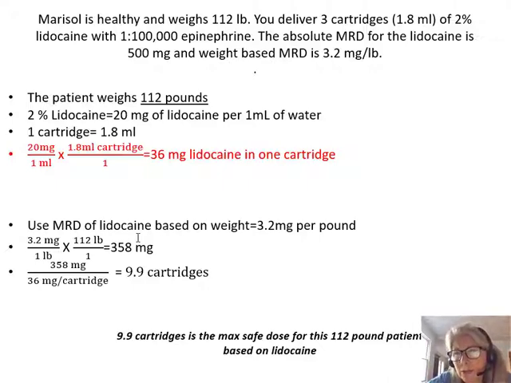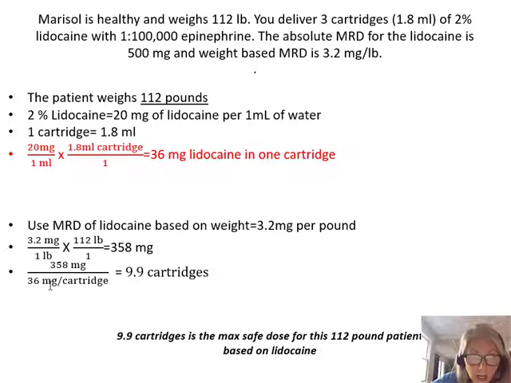So how do we figure out how many cartridges that equals? We put the weight-based MRD on the numerator on the top. On the bottom, we put how much of the drug is in each cartridge, and we calculated that up here. So it's 36 milligrams per cartridge.